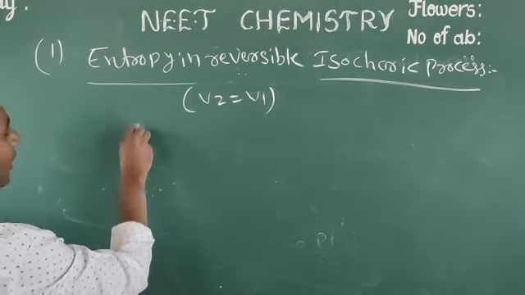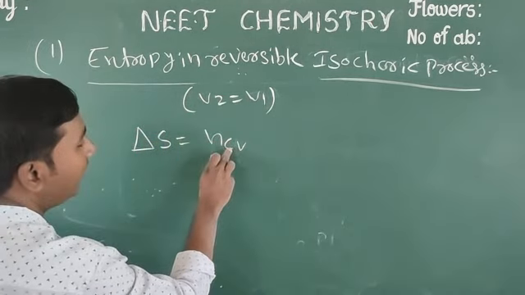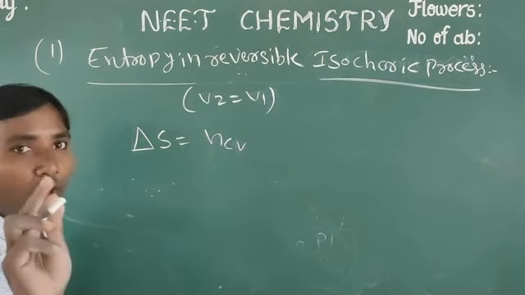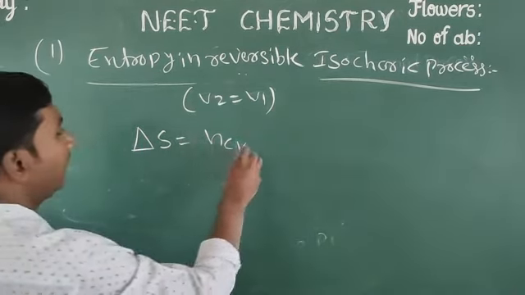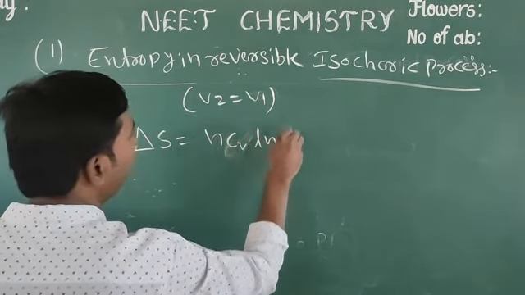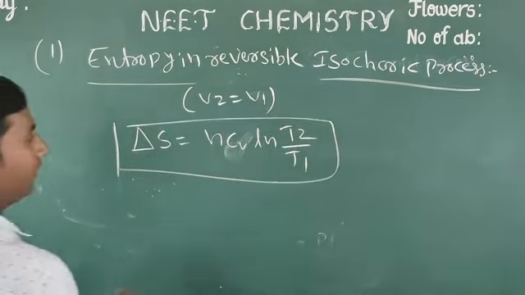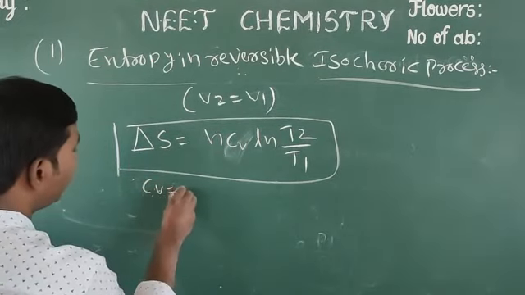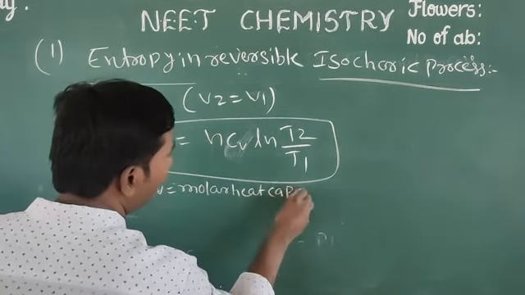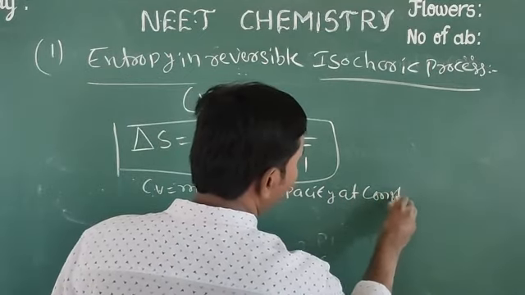In that case the formula is del S equals nCv ln T2 by T1, where Cv means molar heat capacity at constant volume.